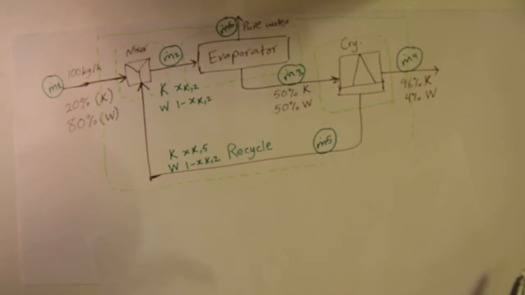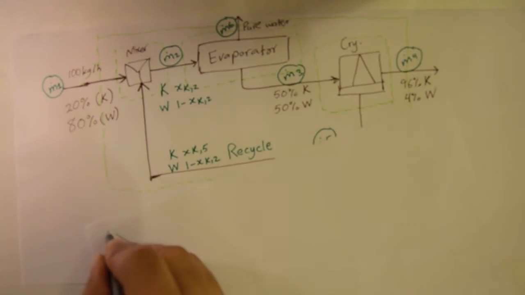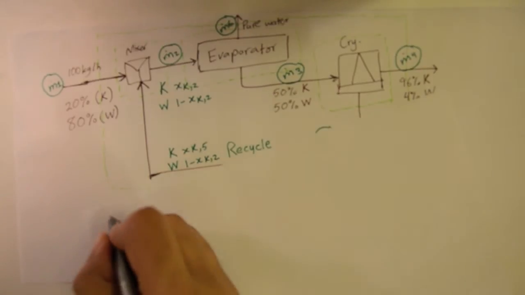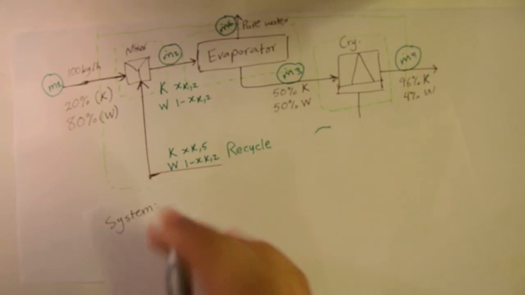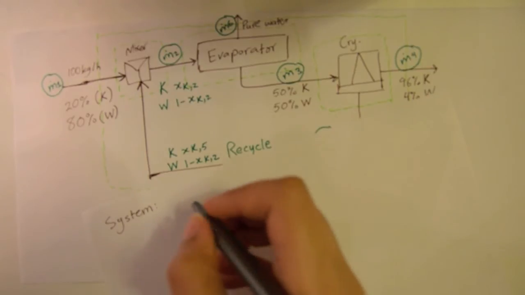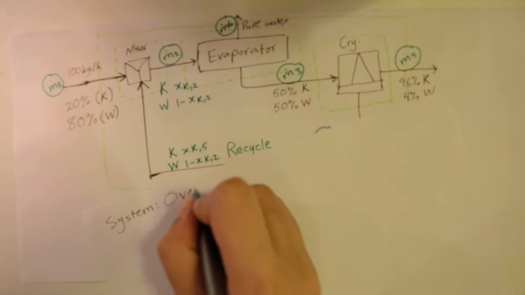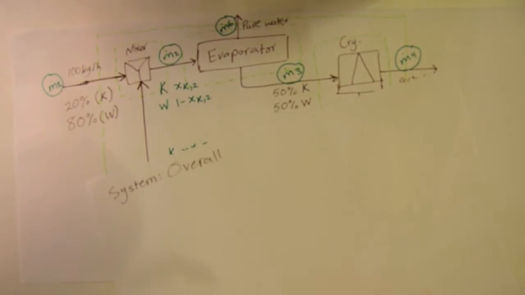The third step after calculating the degree of freedom is the calculations. So as I said, I'll start with the overall system because it has the lowest degree of freedom. So overall, I'll make use of the relation in the recycle stream.